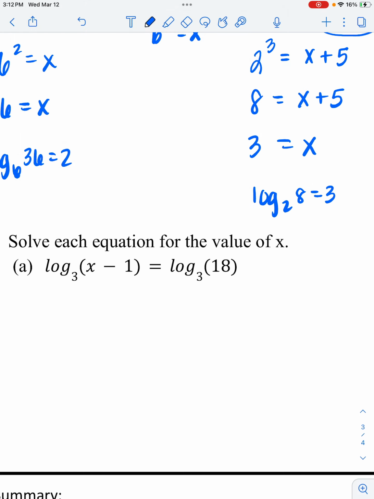It works that same way, that when you have bases that are the same, the 3's, you need the arguments to be the same. So I need x minus 1 to be 18. Okay, so you're just setting those arguments equal to each other. So when the bases are the same, the arguments need to be the same.